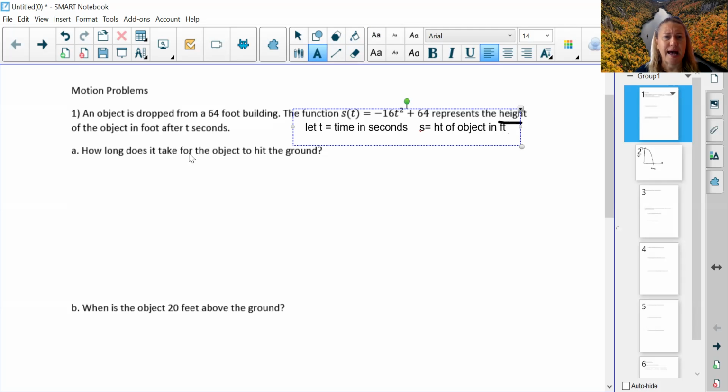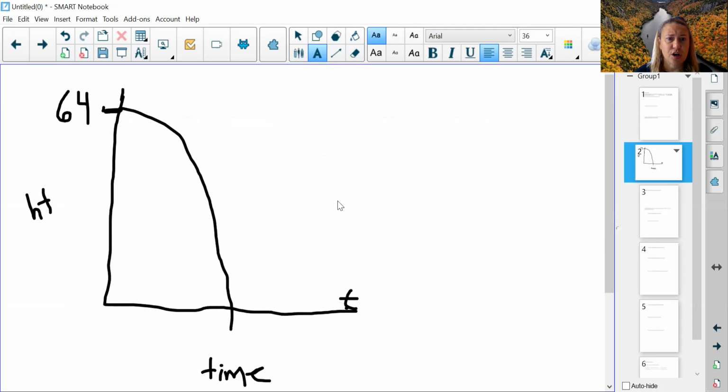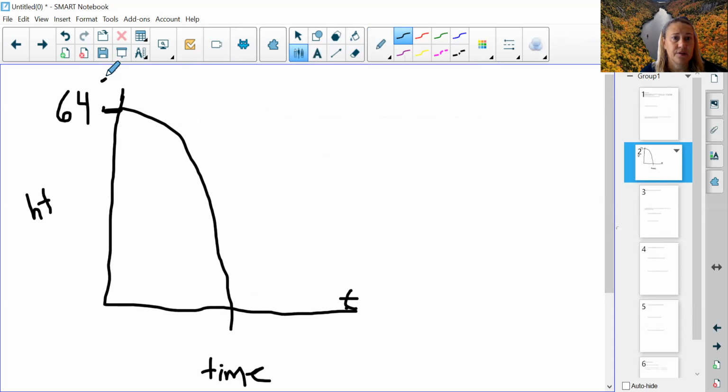So first question, how long does it take for the object to hit the ground? I have a sad looking drawing over here of my function. This is the s axis, which represents the height, and the t axis represents time.